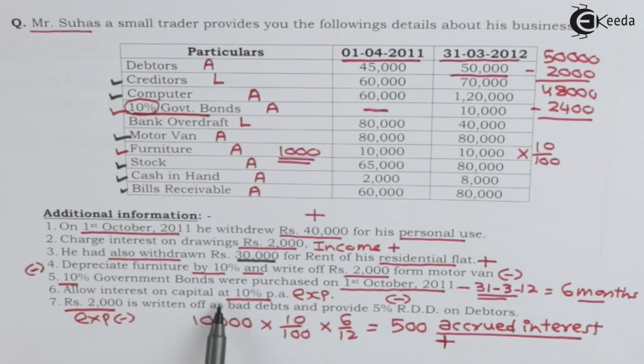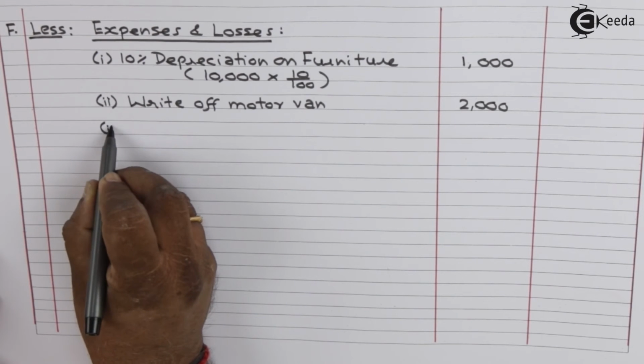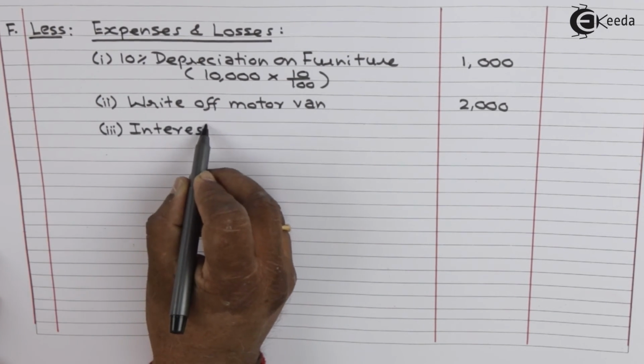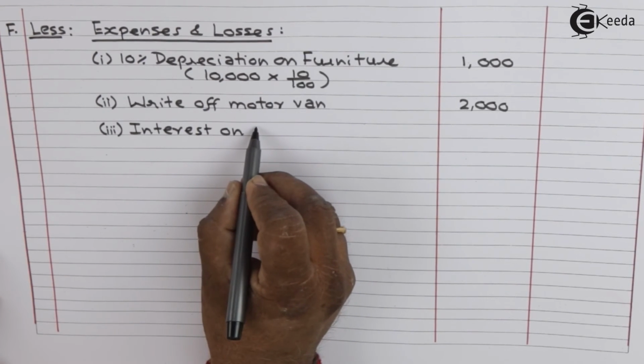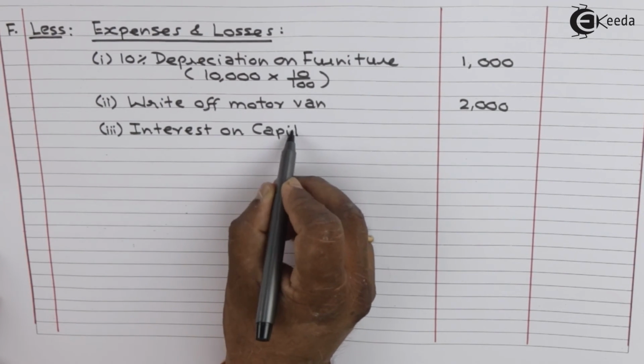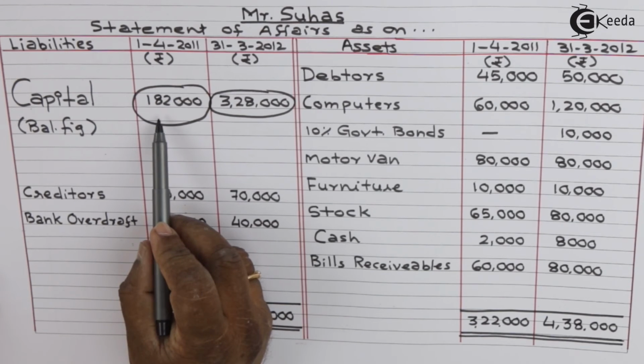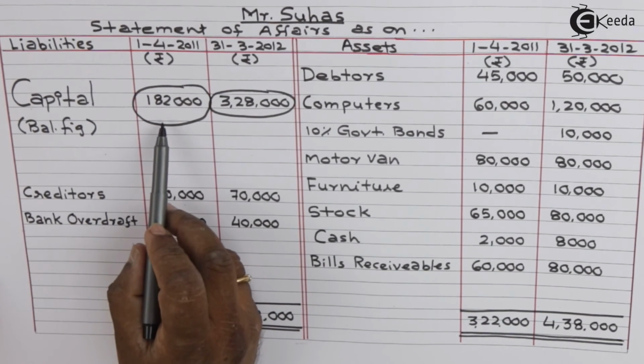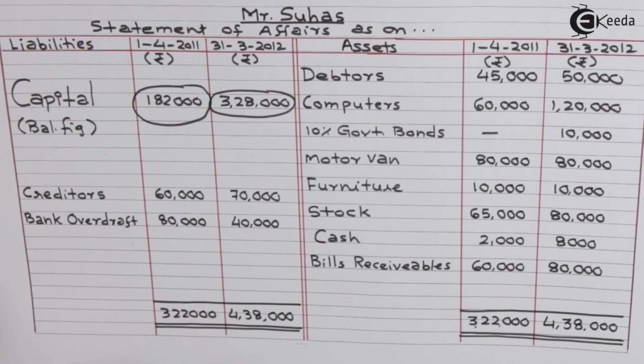Allow interest on capital 10% per annum. This interest will be on the opening balance of capital. Opening capital is 1,82,000. On this 10% will be calculated.